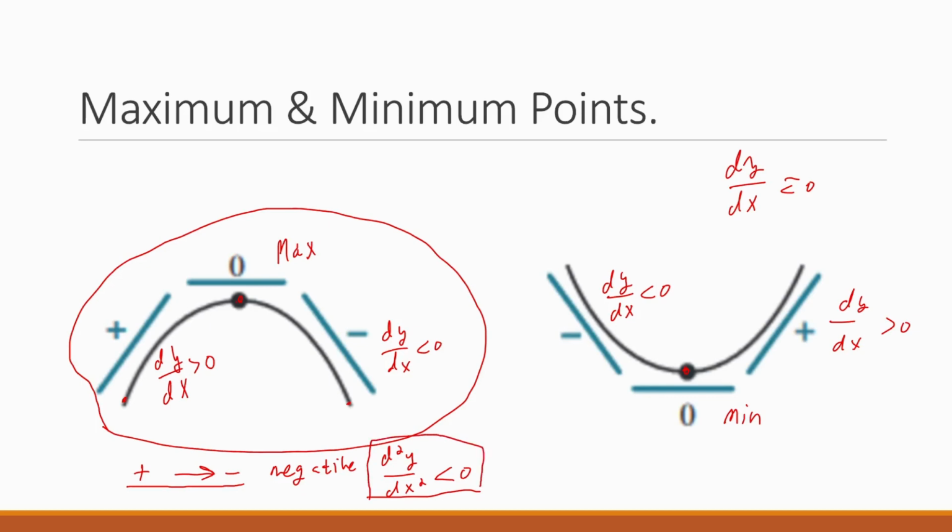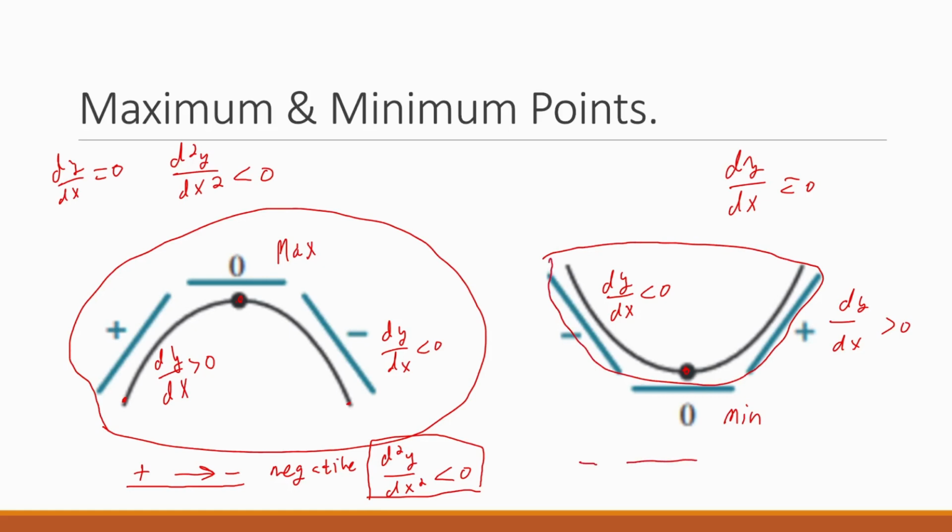So for the max point, let me write it up here. Dy over dx is supposed to be equal to 0 and d square y over dx square is supposed to be less than 0. Now let's discuss the one on the right hand side. As you can see, the gradient is going from a negative to a positive value. So the gradient is increasing.